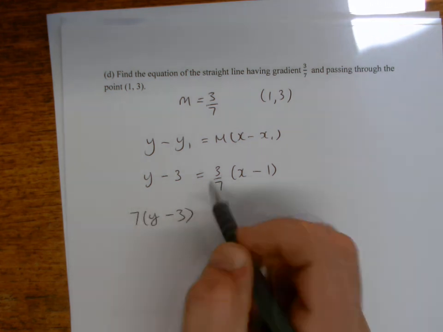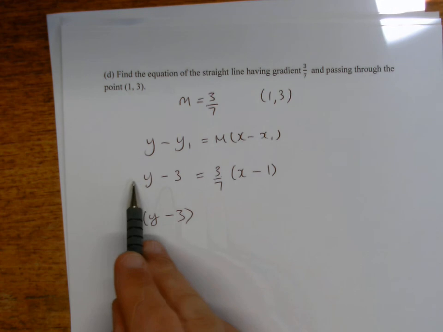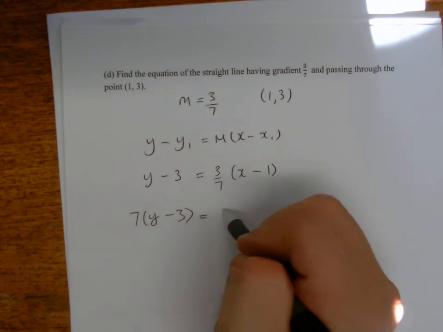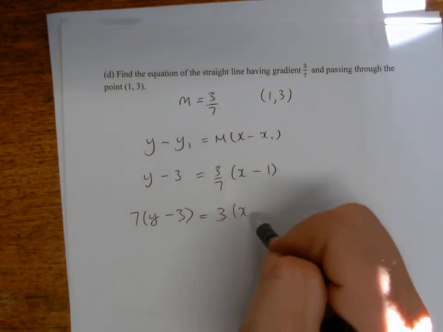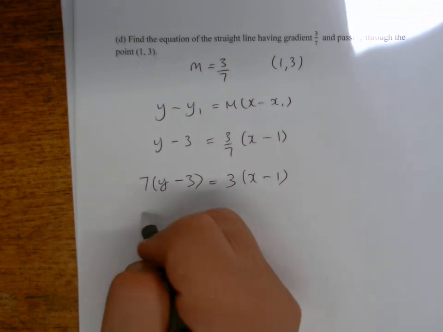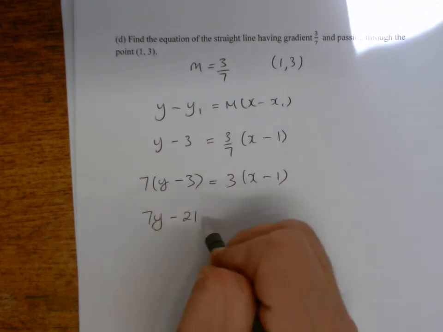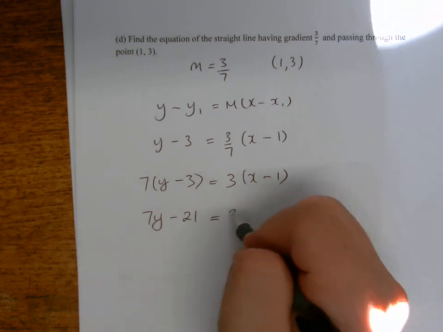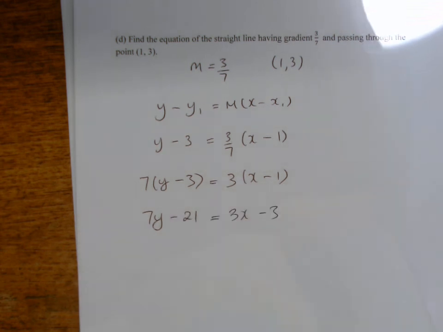I need to put a bracket around this to say I'm going to multiply all of this by 7. And then on this side, I'm left with 3 bracket x minus 1. I can then expand this bracket, so 7y minus 21, timesing by 7, and then expand this bracket, 3x minus 3.